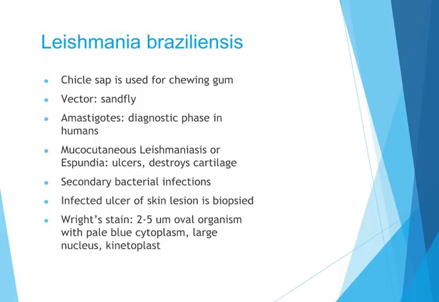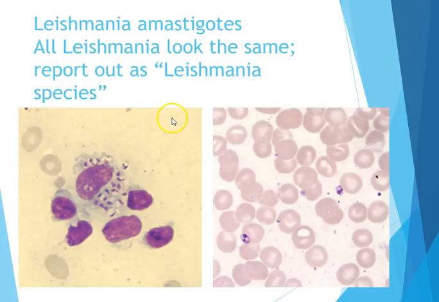It goes to the RES system, and then it transforms into the amastigote. The amastigote is the diagnostic phase. This is the little oval-looking organism with the nucleus and the kinetoplast. This is in a peripheral smear, but this over here is a skin lesion, and this is a white cell. And the amastigotes are inside this white cell.